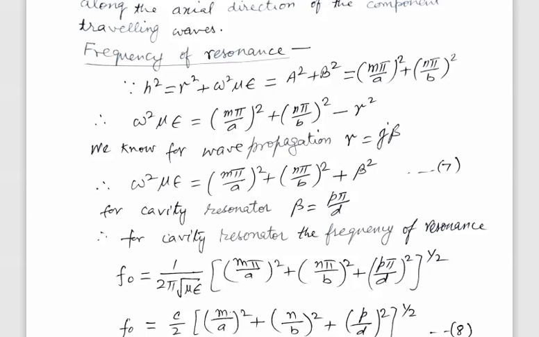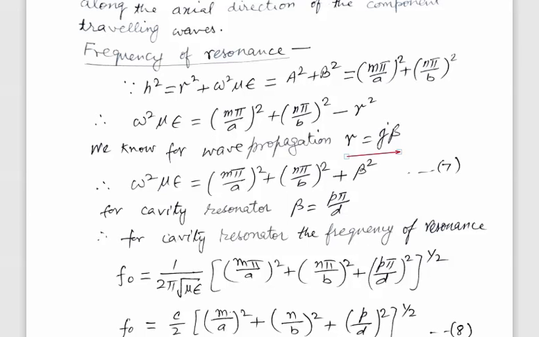Also we know that for propagation, h square must be equal to omega square mu epsilon, where omega is the cutoff frequency. Above the cutoff frequency the propagation occurs only. Also the value of gamma must be imaginary for wave propagation, and it is given by jβ.